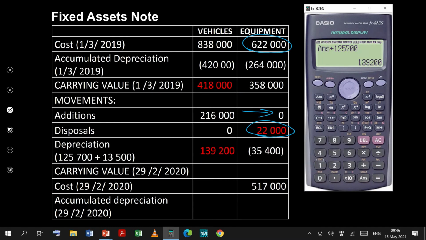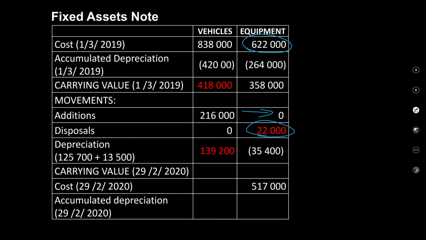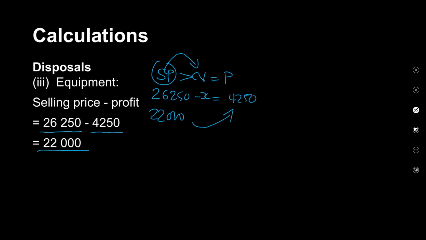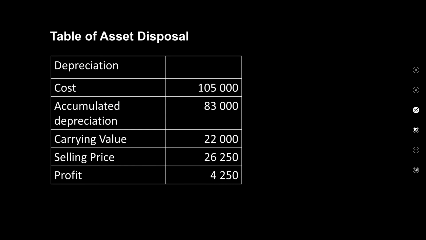Therefore, if you take the 622,000 as your opening balance, minus your balance at the end of the year, which is 517,000, which is given to you, you get 105,000 Rand. What is the 105,000 Rand? It will now be your cost price of the asset that you are disposing. And how did I do that? By comparing my opening balance with my closing balance.